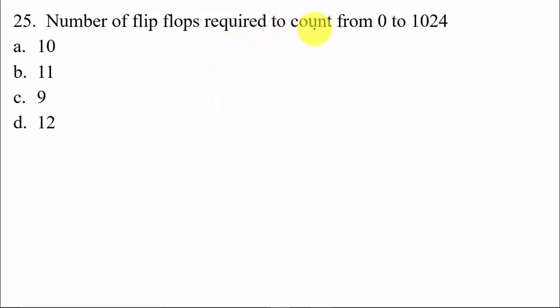Number of flip-flops required to count from 0 to 1024. Most of the persons will be opting for A. But option A is an incorrect option, because you have to count from 0 to 1024. How many counts are you making? You are going to make a count of 1025.